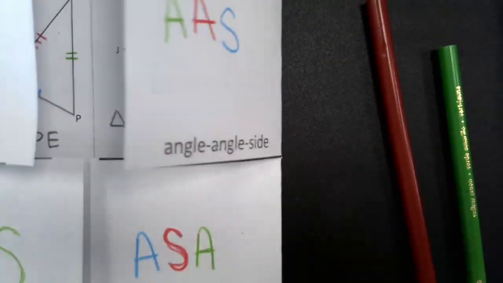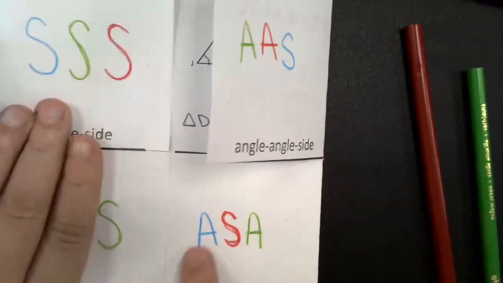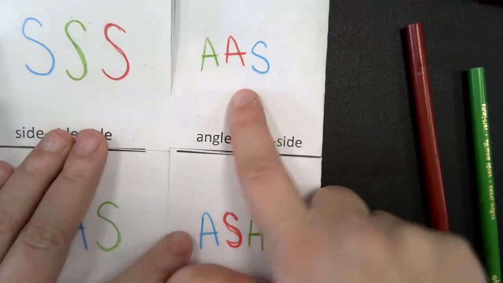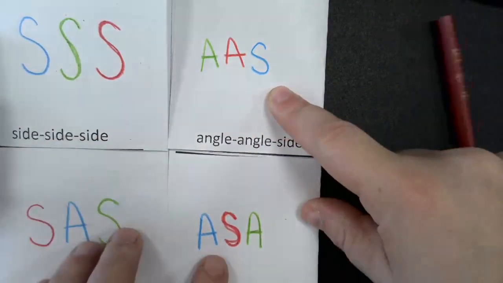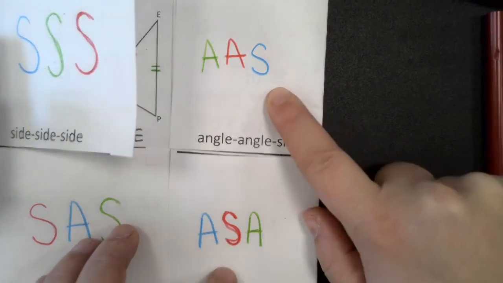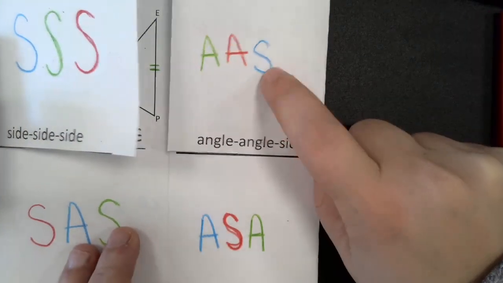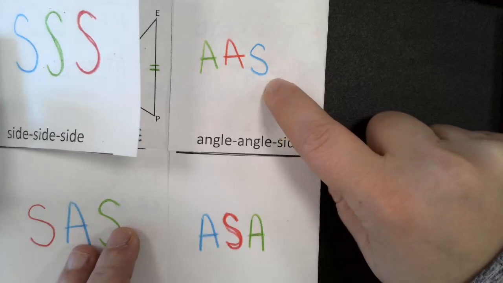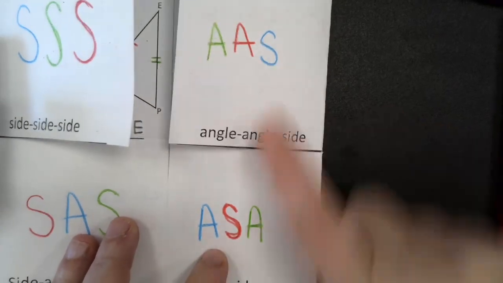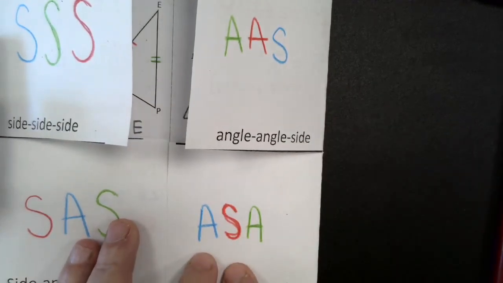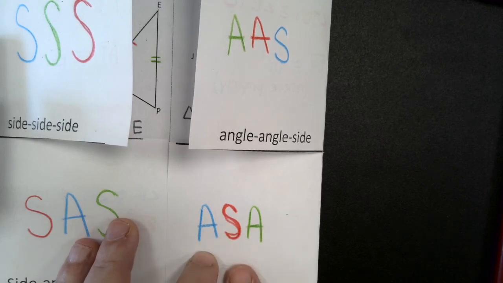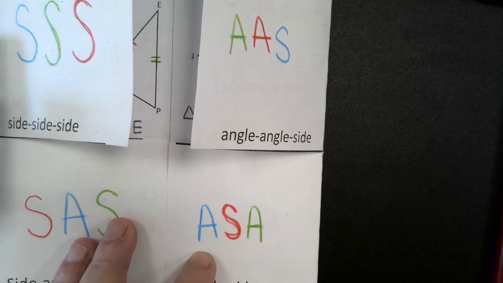Now you might be looking at this and you're like, okay, well there's two A's and an S. This one also has two A's and an S. Where that S is located is really important. This one, the S is after the angles. This time, the S is in between the angles. So it has to be the side that connects the angles as we look at it.